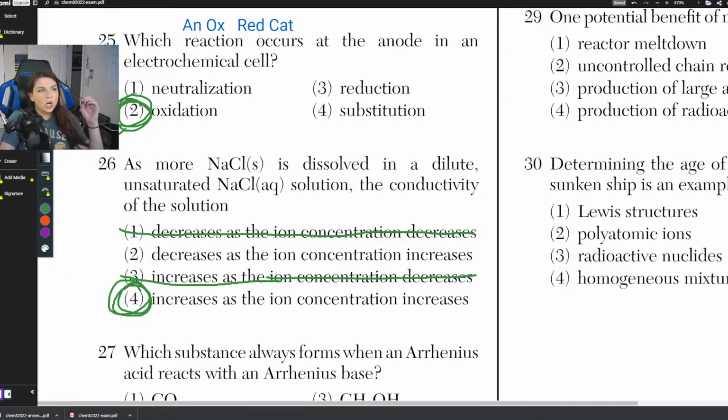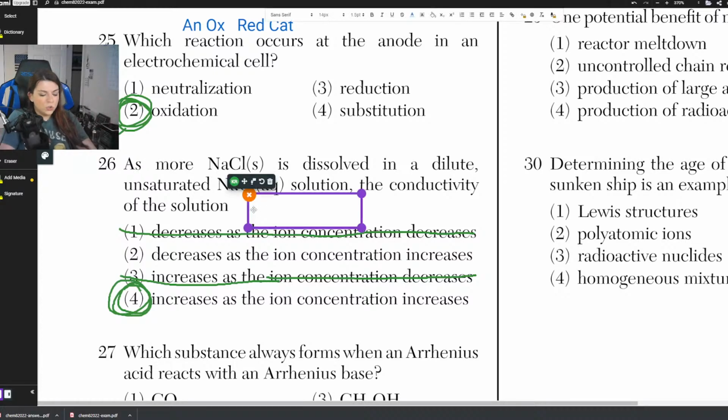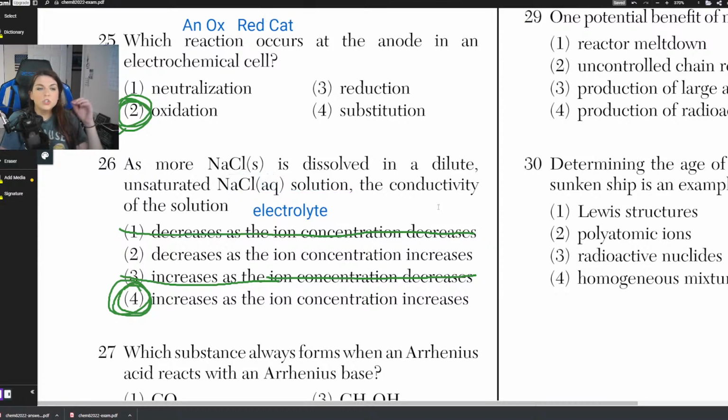And this term is related to electrolytes. An electrolyte is just a solution that can conduct electricity due to the presence of mobile ions. Now, not in part A, but you could get something like this in part B. Sodium chloride is soluble in water, and you know this because you're a human being.